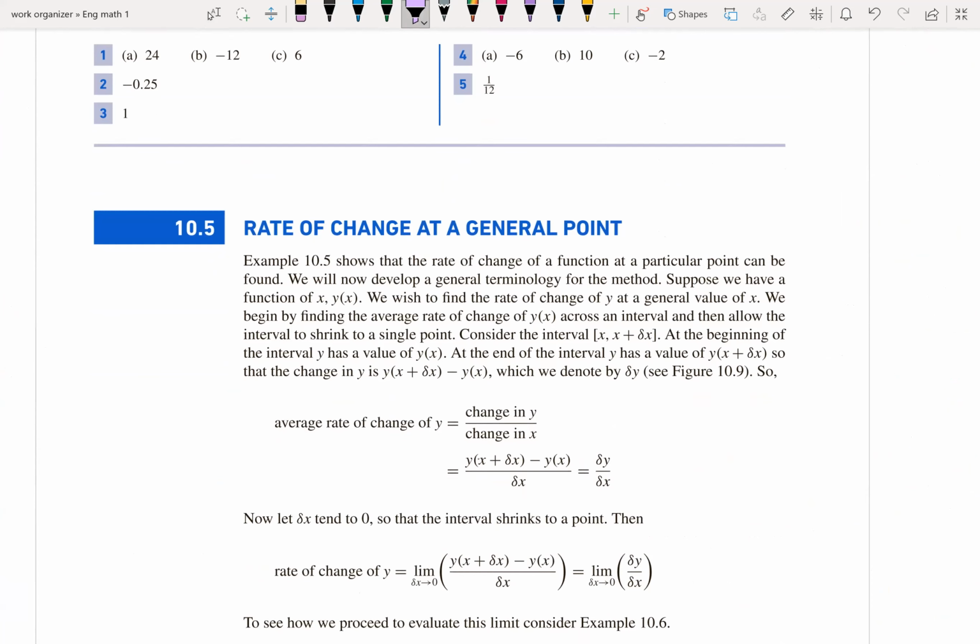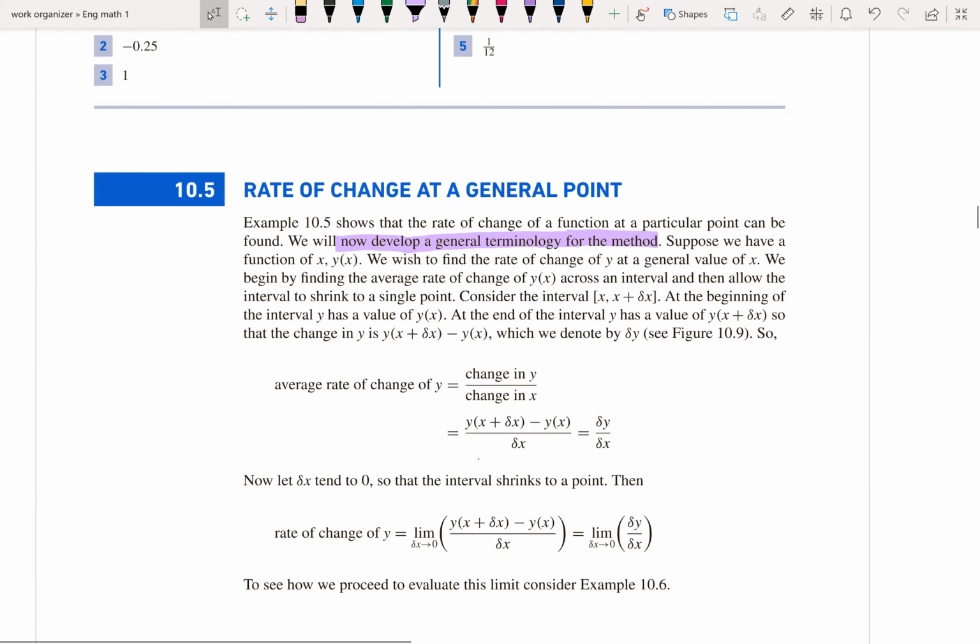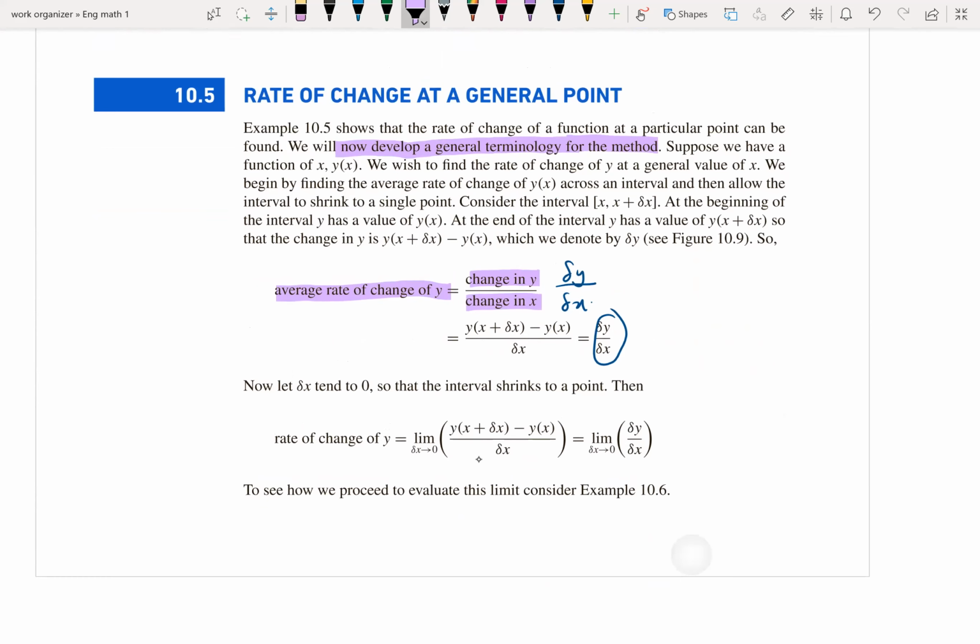Now we are going to develop a general terminology for the method. The average rate of change of y, as usual, is change in y divided by change in x, so we can say delta y over delta x. When we are using the delta x, we have to write this in the end.